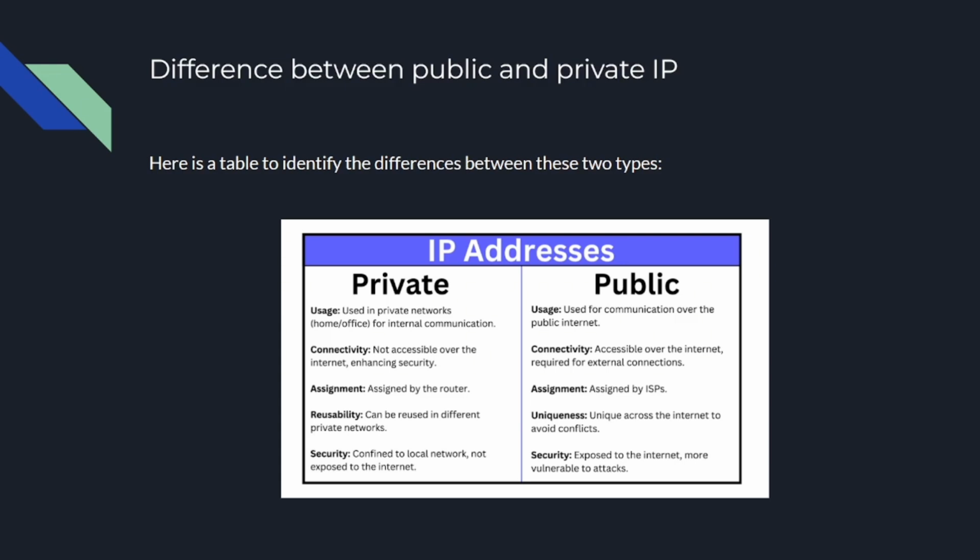A private IP is assigned by the router, and the public IP used to connect to the internet is assigned by the ISP. Then comes reusability. The same private IP address can be used in different LAN networks, which means the computer I'm using right now has a certain IP address in a private connection, and the same IP address can be used on a computer located in my school.